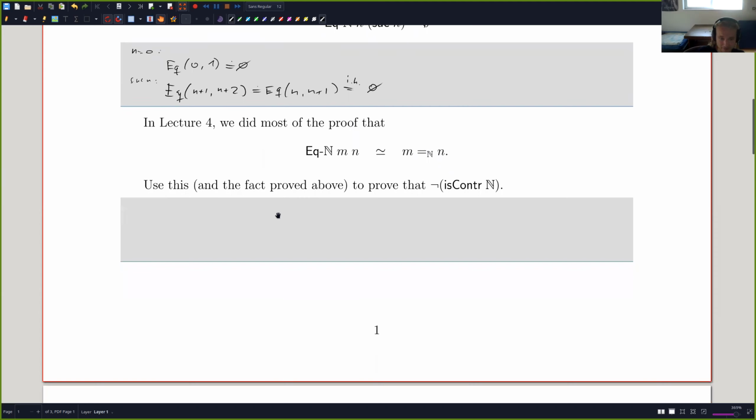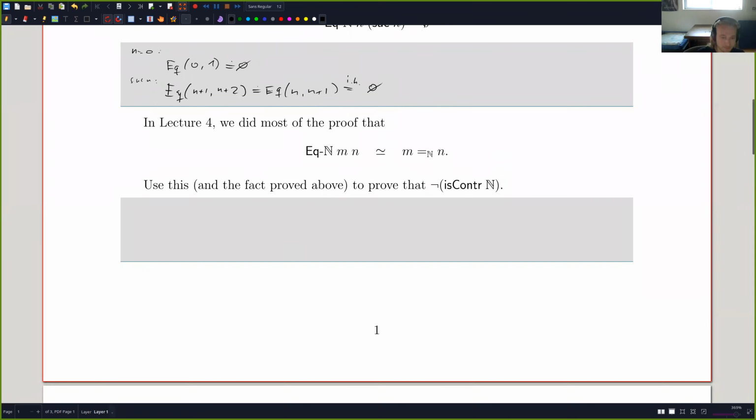And now we want to prove that the natural numbers are not contractible. And I also hope that's true, because the natural numbers are a set with infinitely many elements. So in particular, it shouldn't have only one element.